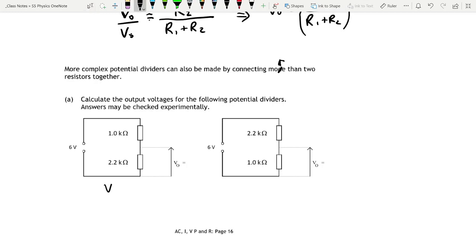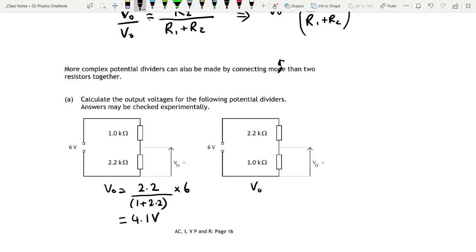For this one, V out equals R2, so 2.2 kilo ohms. If they're both in kilo ohms, you don't need to change it to ohms because it's just a ratio, so you'll be dividing the 1,000 anyway. Divided by 1 plus 2.2, times the supply voltage, and that comes to 4.1 volts. I'm sure you're all very familiar with how to do these.